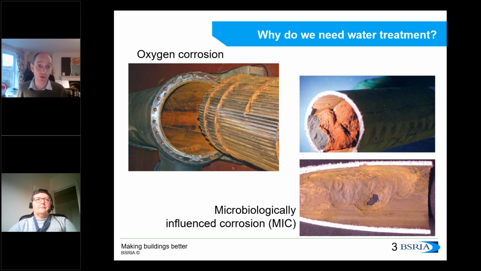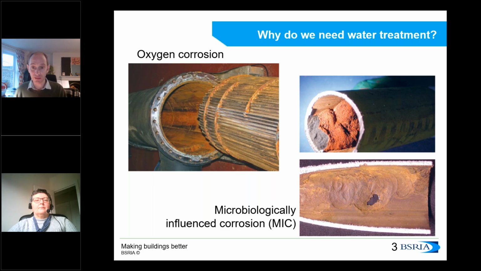But it's not the only form of corrosion you could get. There's actually a lot of different forms of corrosion. One of them that is a particular concern in closed heating and cooling systems is microbiologically influenced corrosion, which we have shortened to MIC in the guide. You might see other terms for it. You might see it sometimes called bacteriologically influenced corrosion. It's all the same thing.